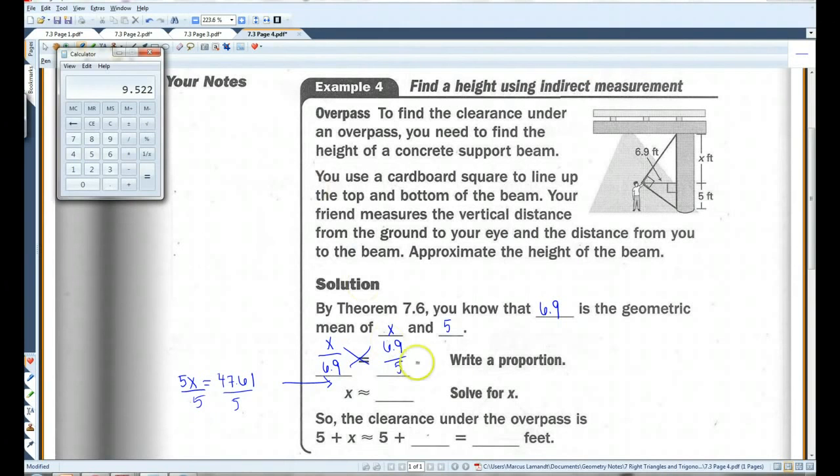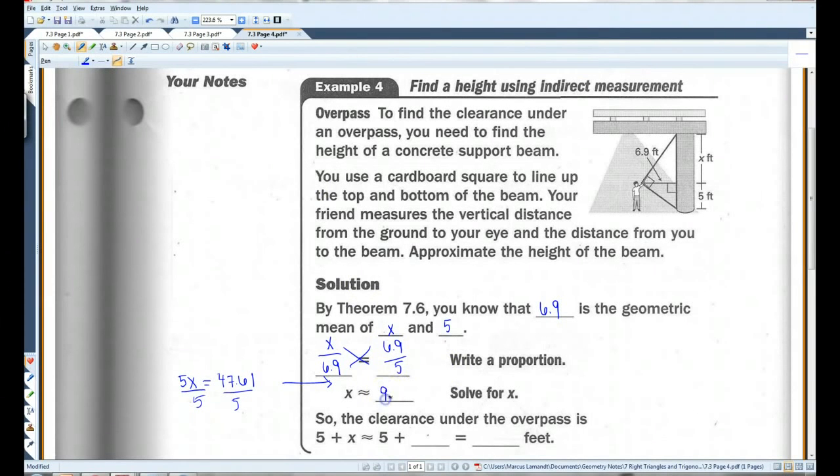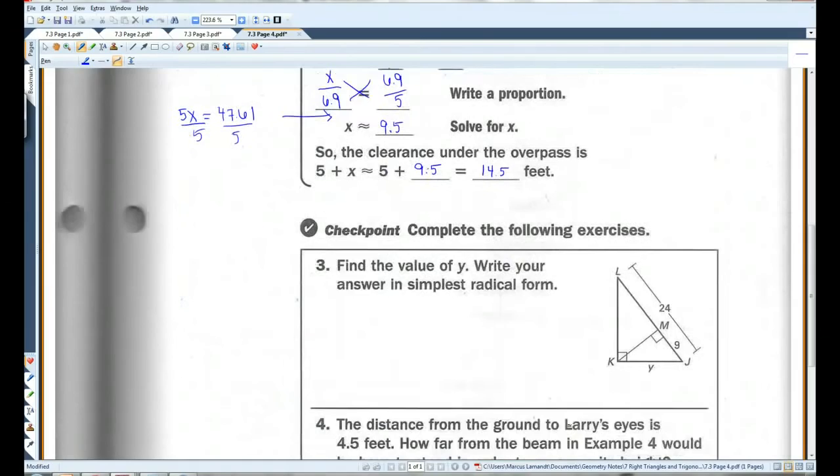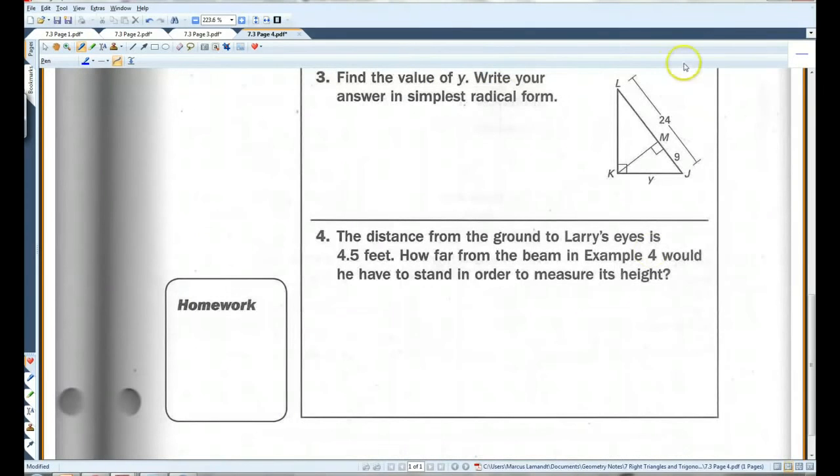I'm just going to leave it as 9.5. So the clearance under the overpass is 5 plus x, okay, because remember, you're looking for the whole thing. This is 5. X is 9.5. So the whole thing is going to be 14.5 because 5 plus 9.5 is 14.5, and this is in feet. Alright, I'll let you guys do the last two, and that's all.